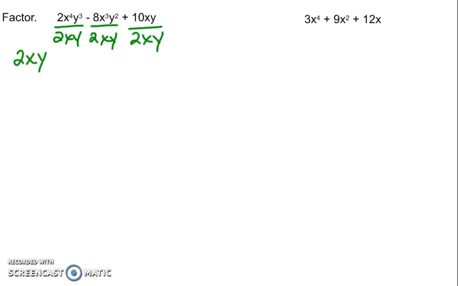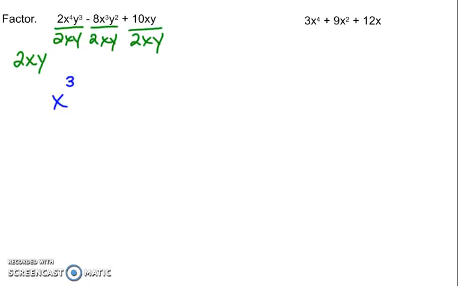So 2 divided by 2 is 1. X to the 4th over x leaves us with x cubed. Y cubed over y leaves us with y squared. Minus, negative 8 divided by 2 is 4. X cubed over x is x squared. Y squared over y is y.